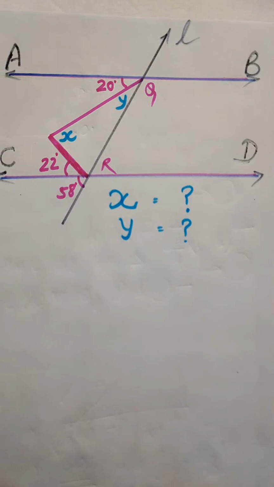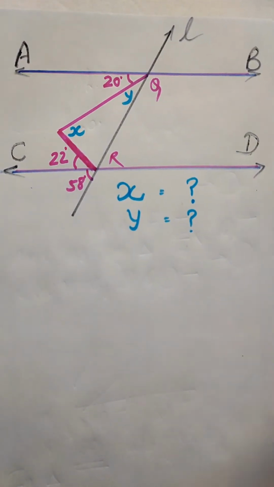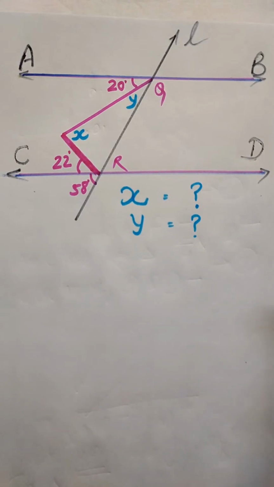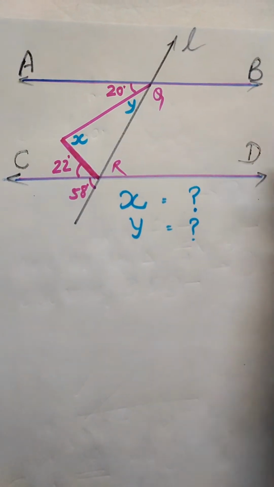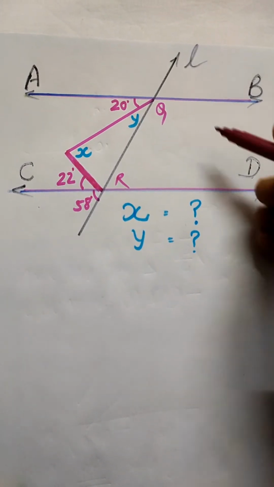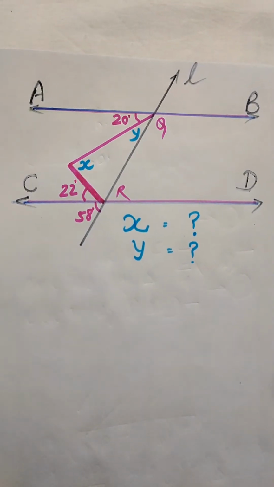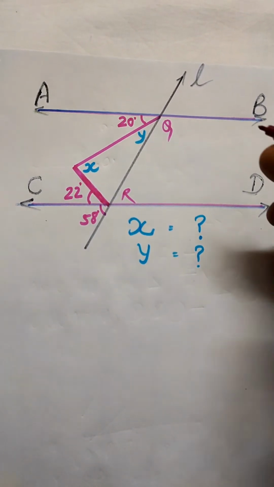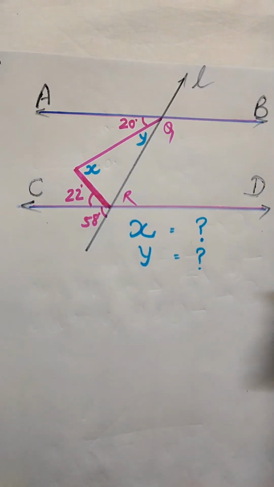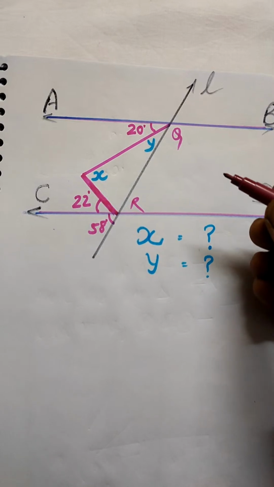So I have just rephrased the question over here where AB and CD are two parallel lines, right? You can see this AB and CD are two parallel lines and L is the transversal which cuts them. So we know that when a transversal cuts a pair of parallel lines, then there are multiple angles which are formed.